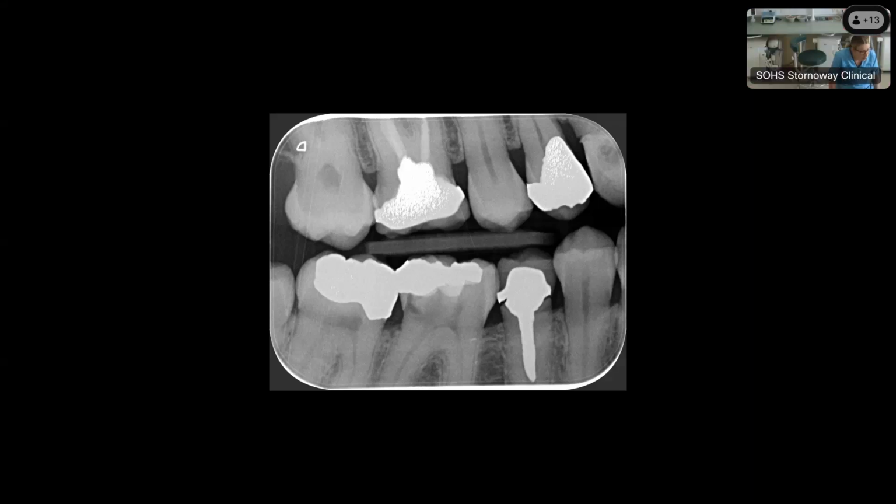Now, restorations. What are you going to say about the restorations on these teeth? There's a root treatment present on the 1-6. Yeah, a restoration present on the 1-4. Yep. Anybody else want to add anything?